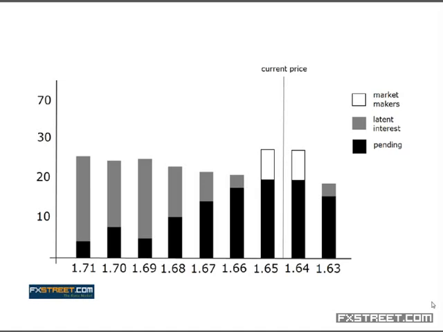So here we see what we explained in the last session, that these limit orders offer liquidity to the market. Okay, and this is an important point: limit orders are offering liquidity. Then we have the latent interest, which are those orders which are not yet placed in the market because price is far from those levels.